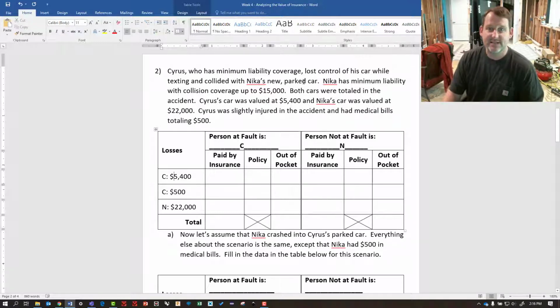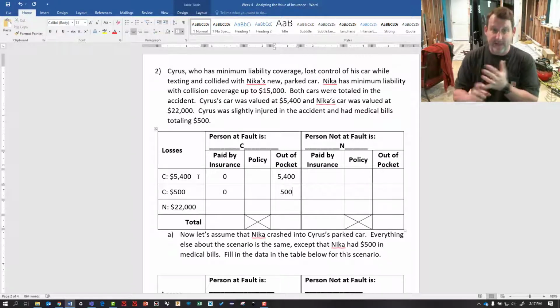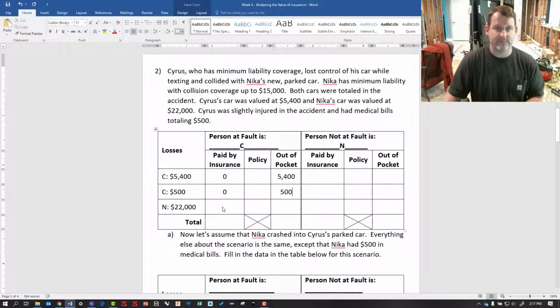So because Cyrus has minimum liability coverage only, his insurance is not going to pay for any of his damages. So it's going to be a 0 here and a 0 here. He's going to walk away from this accident having lost $5,000 there and $500. Now, had he gotten collision and PIP coverage, he would have been able to cover these two things with his insurance. Okay.